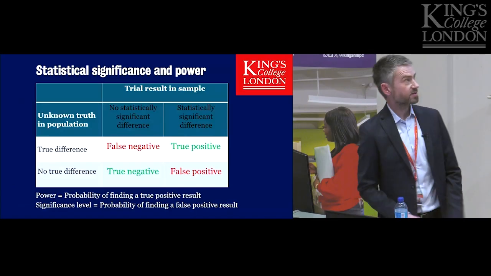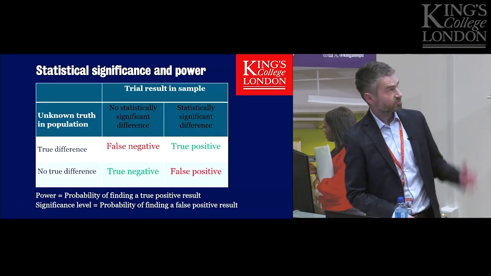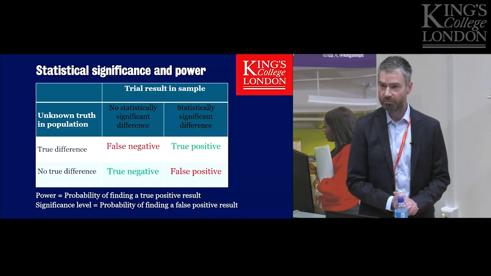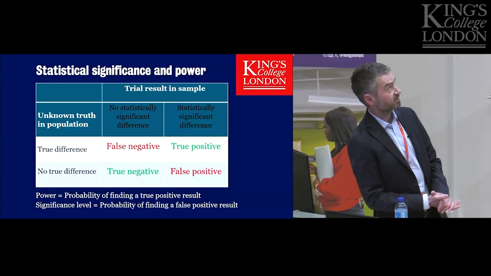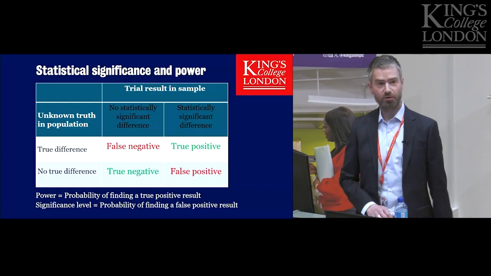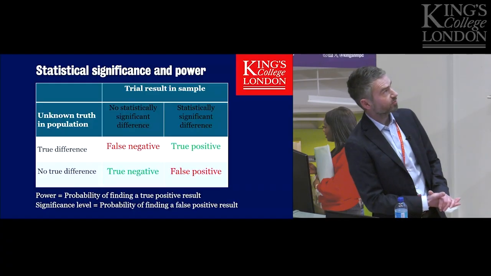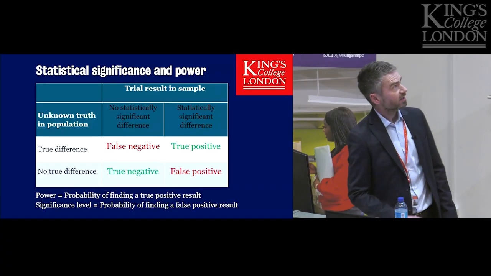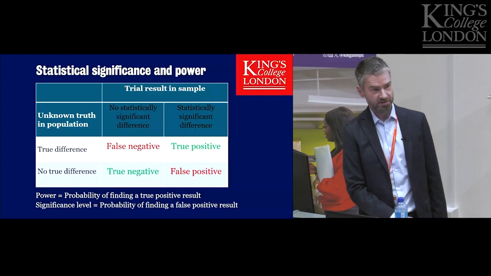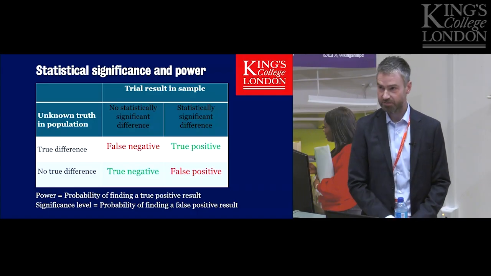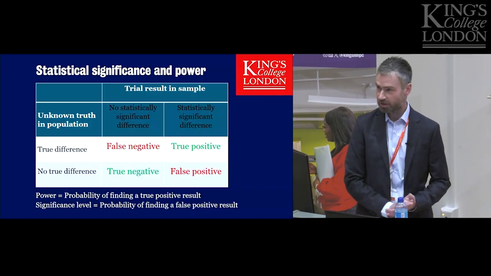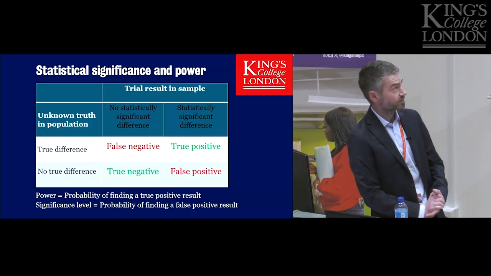So this table here just gives a very brief introduction to the basic framework of hypothesis testing. So we have here at the top, we've got our trial sample, so we observe our result in our trial sample that we've just conducted the trial in these heart failure patients, and we either find a statistically significant difference in their quality of life between the two treatments, or we don't.